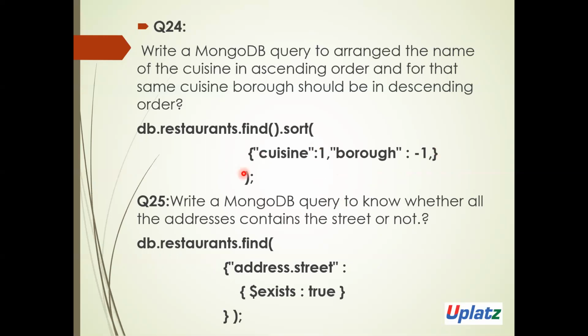Write a MongoDB query to know whether all the addresses contain a street or not. Like the previous question, it is very easy after seeing the answer, but without the answer, by seeing the question you may get confused or may not be able to give this type of answer.